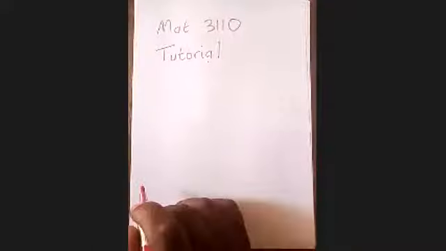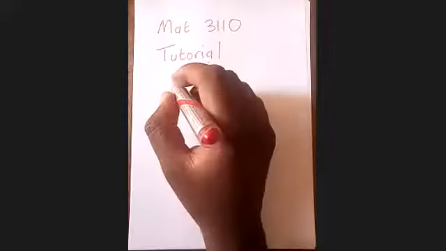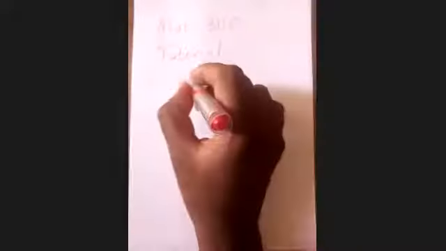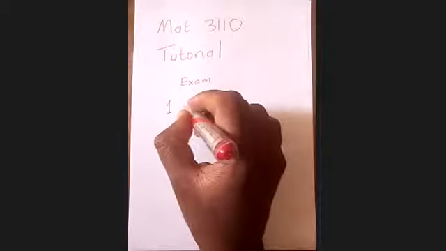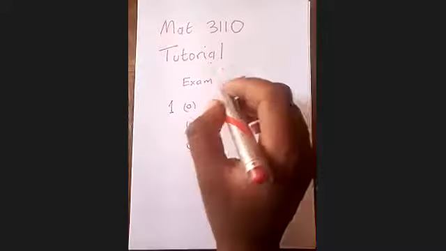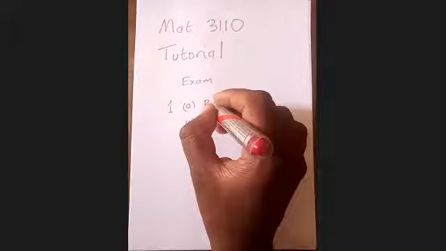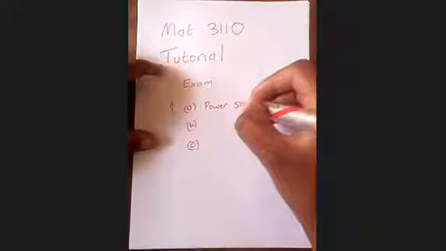So these questions come a lot in the exam, and they usually carry a lot of marks. So just to talk about the exam a bit. Usually you have question 1, which has usually 3 parts: A, B, and C. Part A is specifically for what we've done, so it's the power series method.